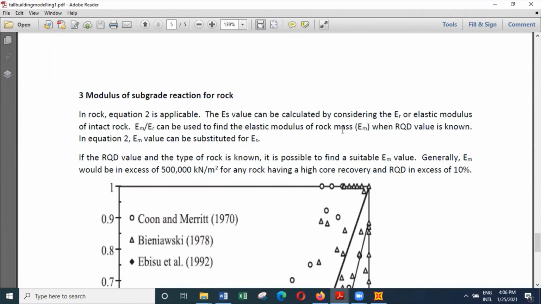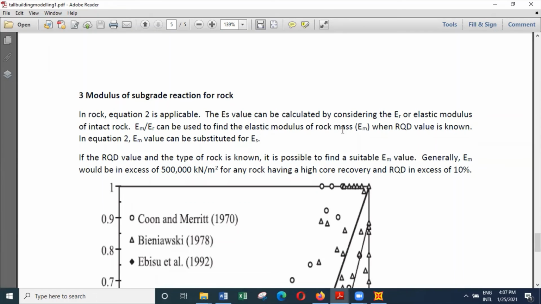And one good indication that you can have is, which is stronger, rock or concrete? Which is stronger, rock or concrete? What is the answer? Anybody? What do you think?